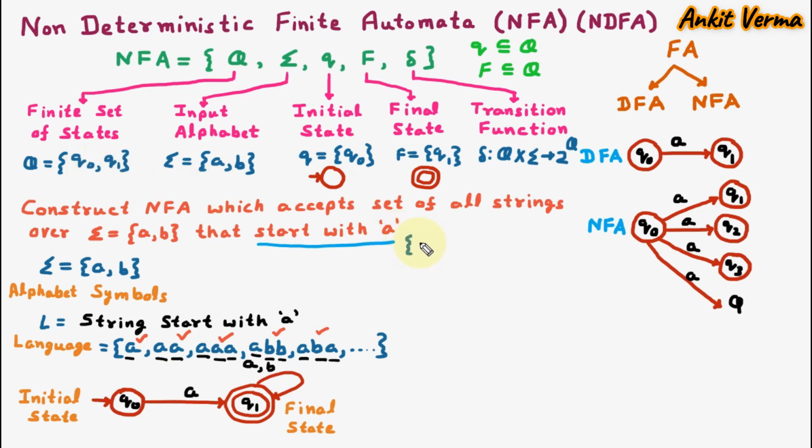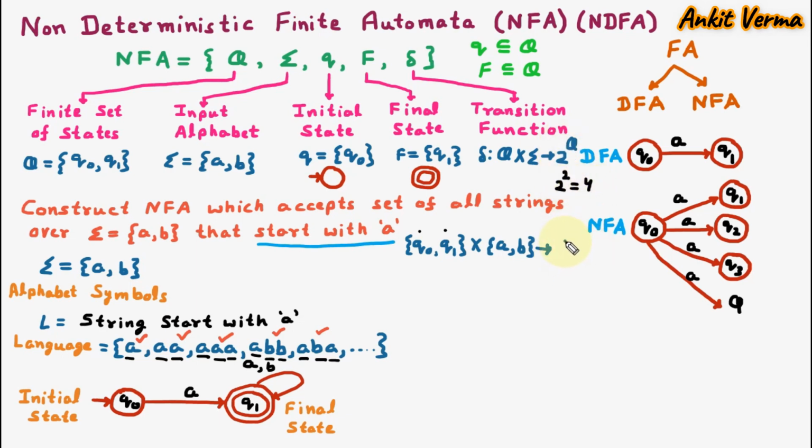So here the states are Q0 and Q1, and cross with the input alphabet, and the input alphabet are A and B, and they can give 2 raised to the power Q. The meaning is that 2 raised to the power Q. So here are 1, 2. So that means 2 raised to the power 2, it will be equal to 4.